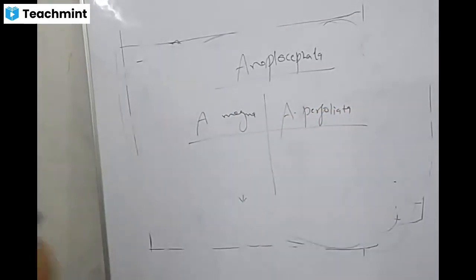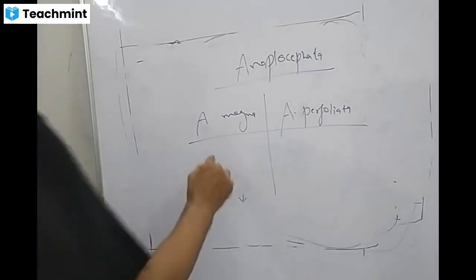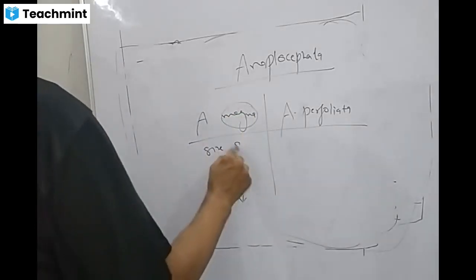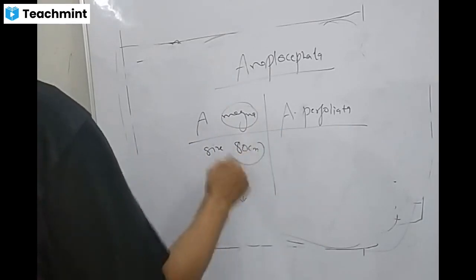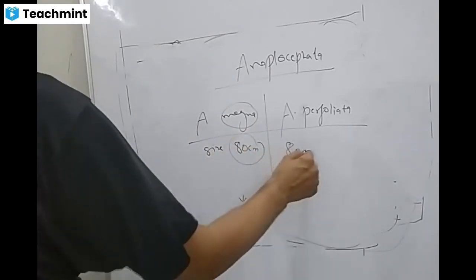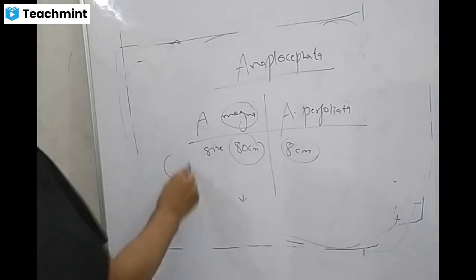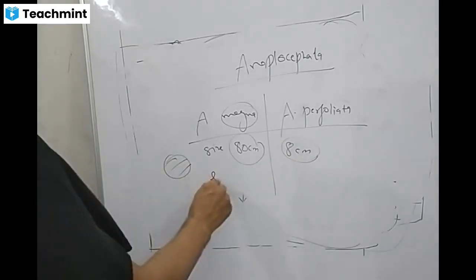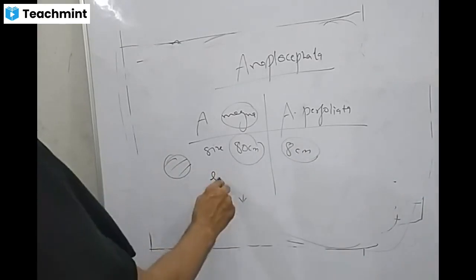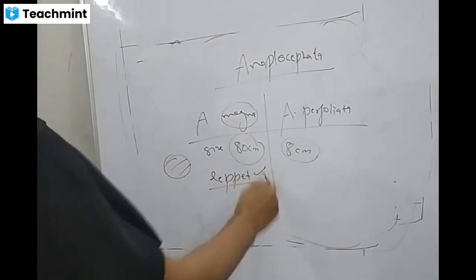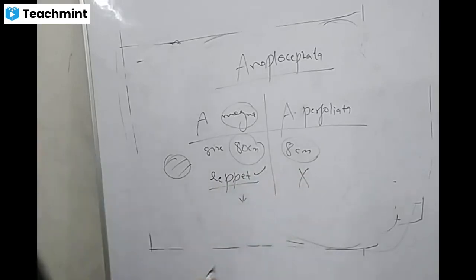They have asked two MCQs: the size of magna, this is the maximum size, that is 80 centimeters, and this is small, having 8 centimeters. So perfoliata has one structure with the head that is known as the lappet structure. It is present here and absent in this case.